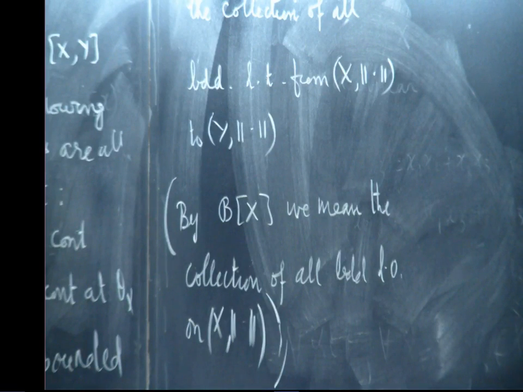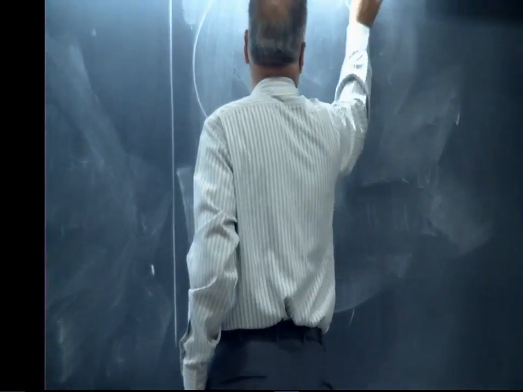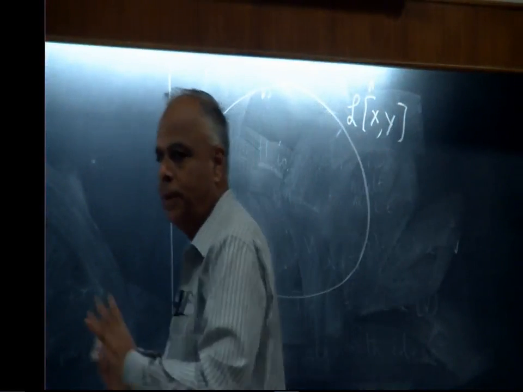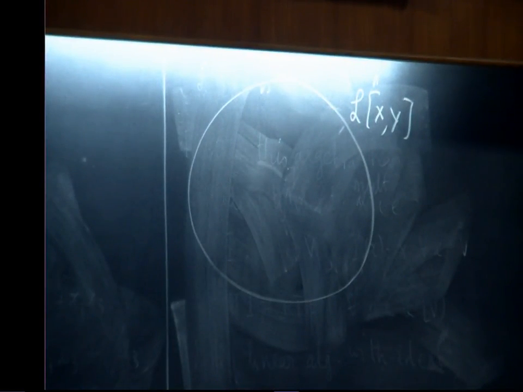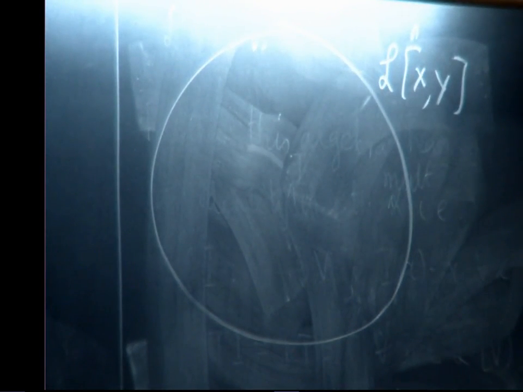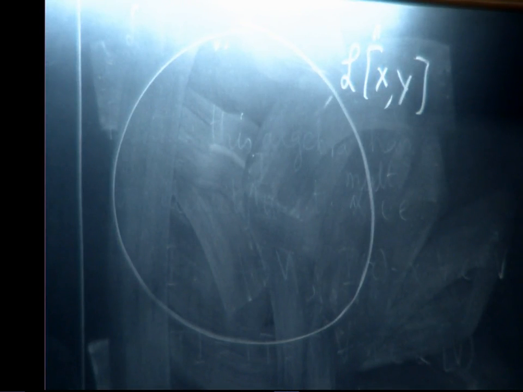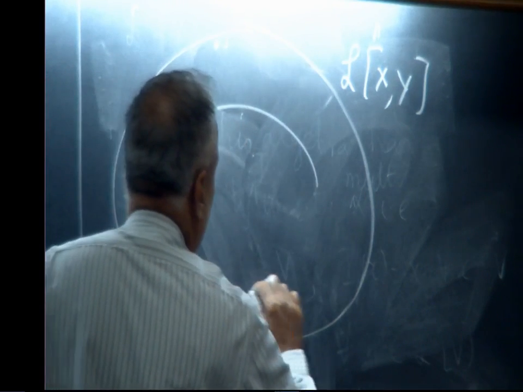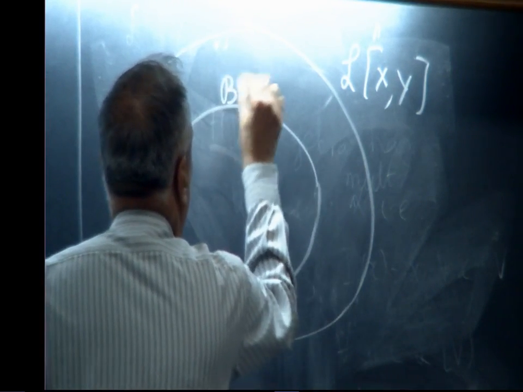Let me first make this comment. This is L(X,Y), the collection of all linear transformations from X to Y. Now, bounded linear transformations are linear transformations with an additional property.